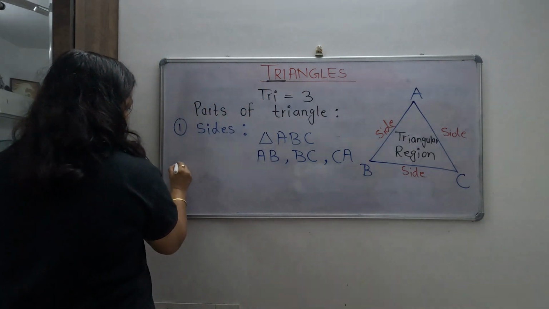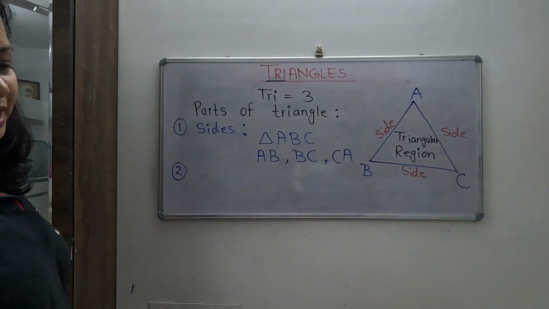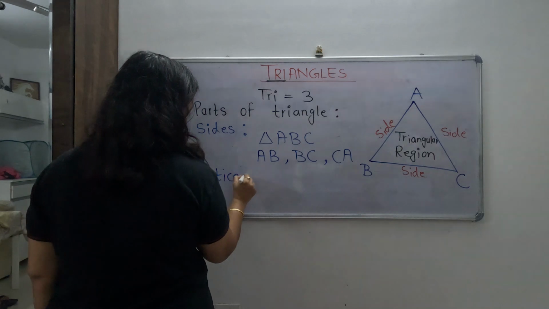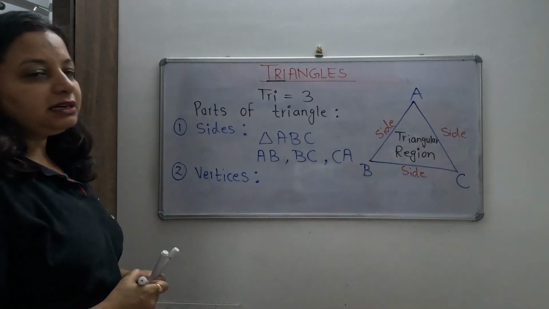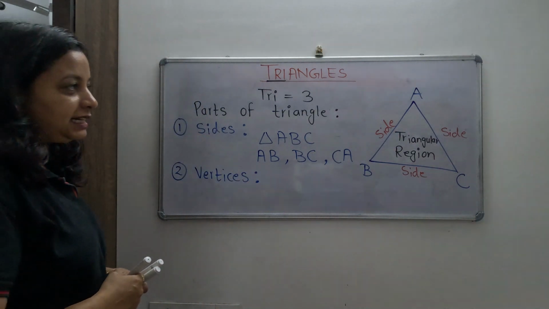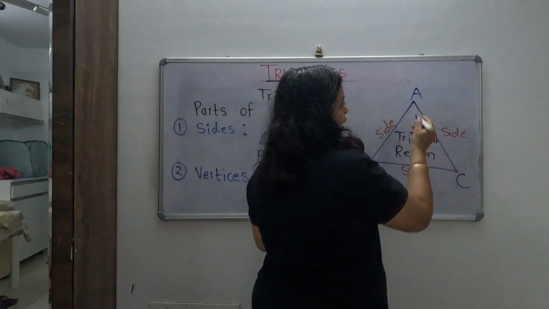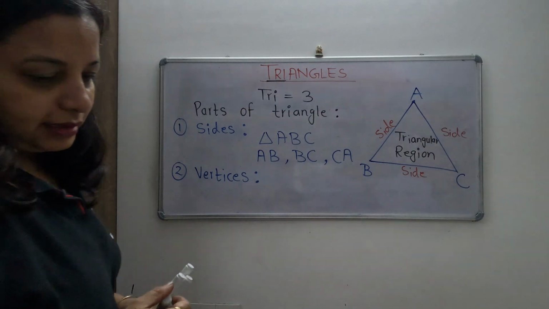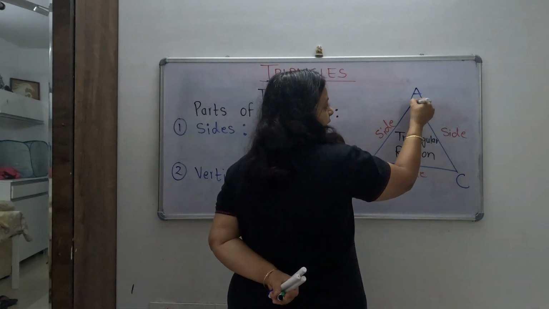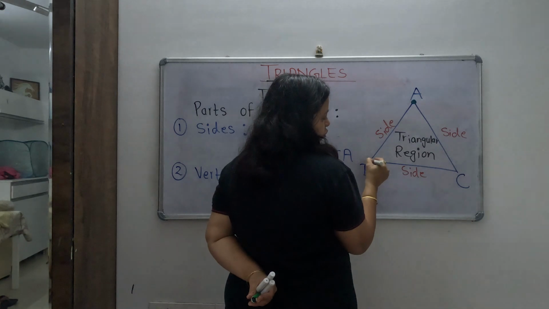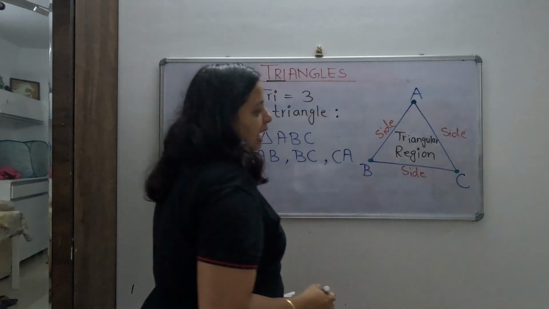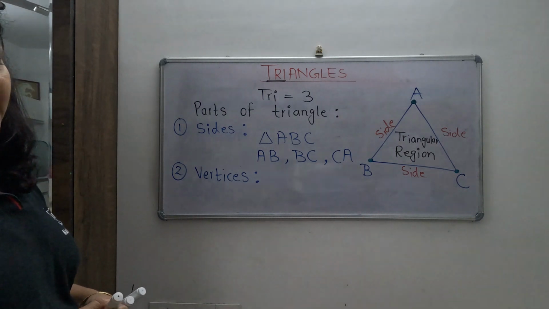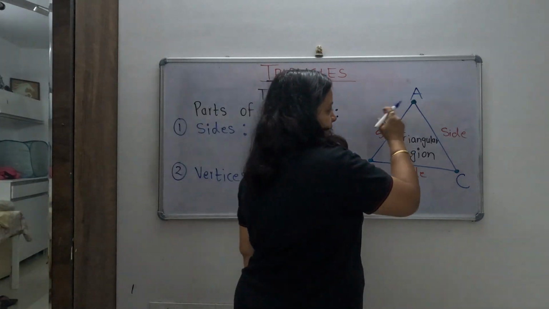Now, the second part of the triangle is vertices. Vertices: the point of intersection of any two sides. What are the points of intersection? Where the sides meet is the point where two line segments intersect. So the point of intersection of any two sides of a triangle is called a vertex.